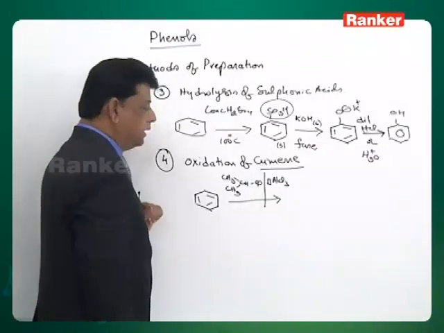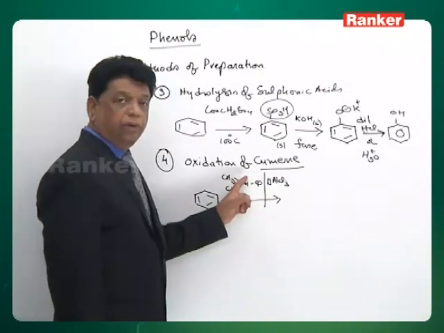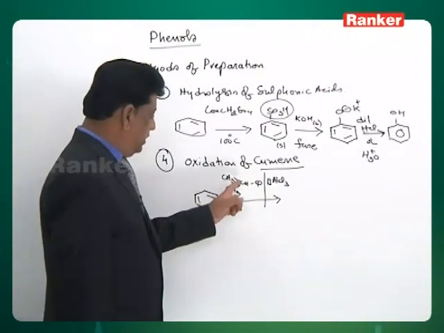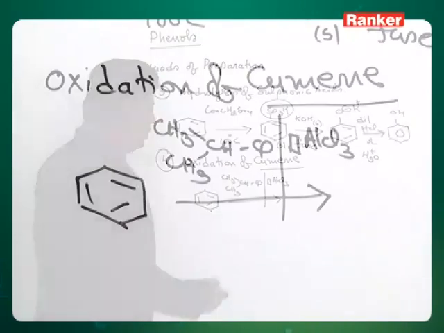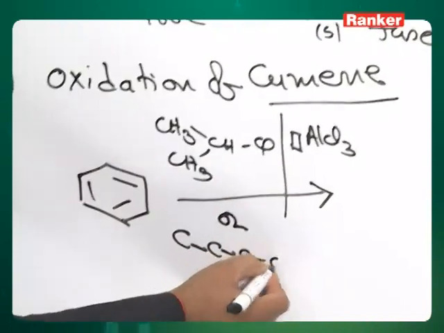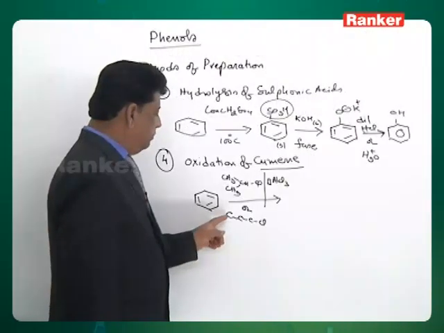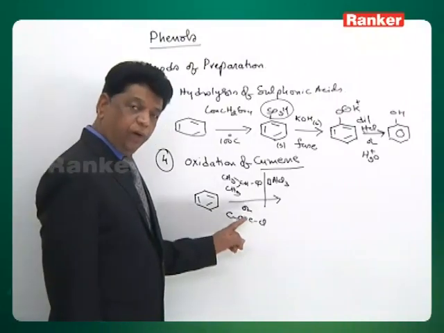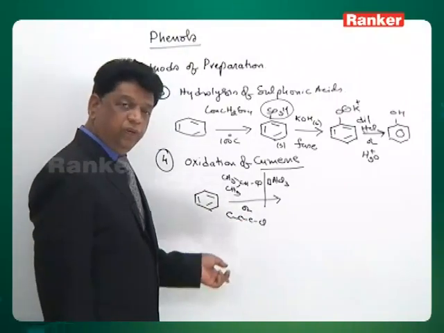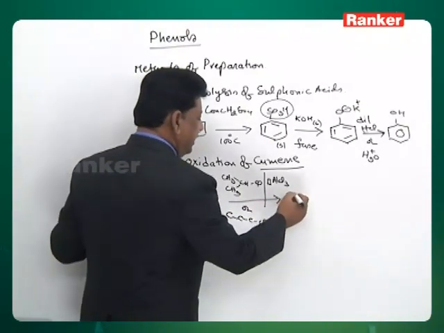Here the aluminum chloride takes the Cl, you will get a 2 degree carbocation and then it attacks. You can take n-propyl chloride even. The n-propyl carbocation formed undergoes a rearrangement to give the 2 degree, and then again you will get isopropyl benzene only.